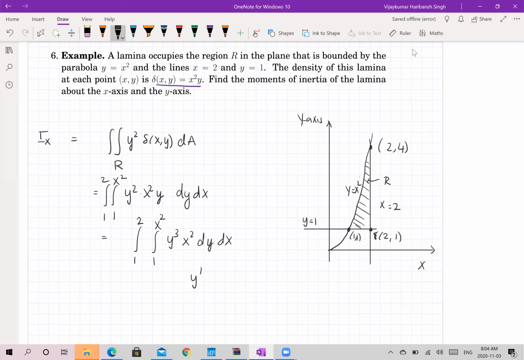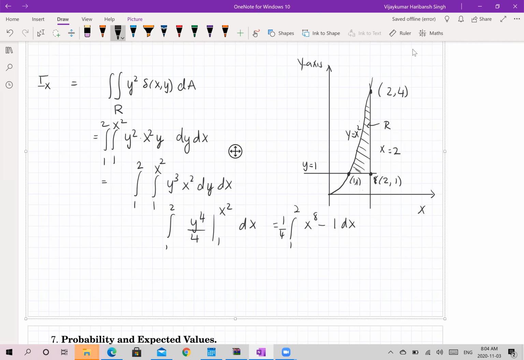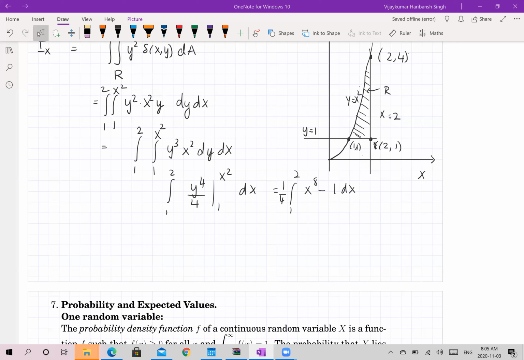So this is going to be y to the power 4 over 4, from 1 to x squared, and 1 to 2 of dx. This is 1 to 2 of x to the power 8 minus 1, with 1 by 4 outside, dx. And now we can integrate the inside part, so we have here x squared and then there will be another x squared here.